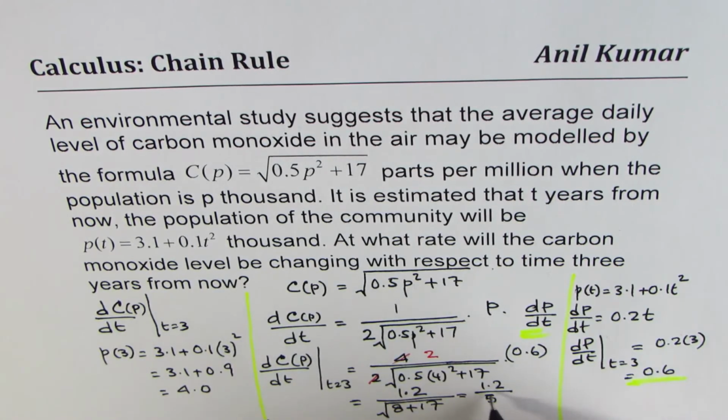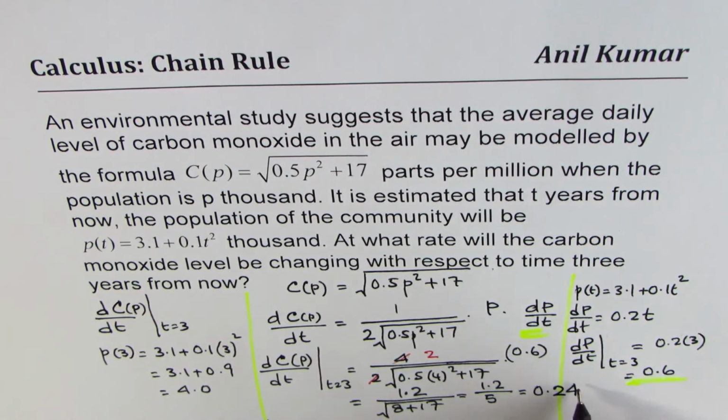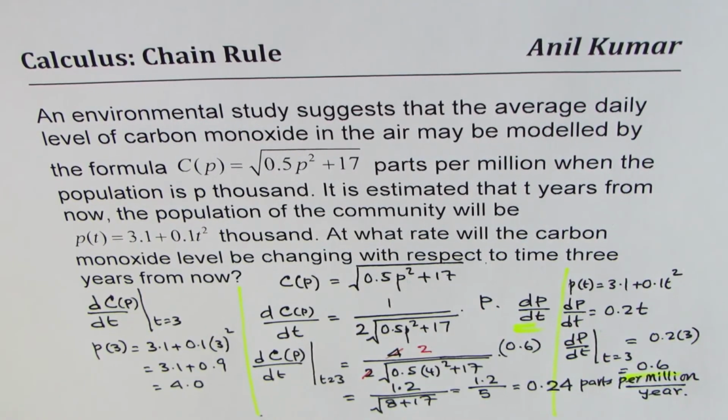So you could always divide this by 5 to get the answer, which is 0.24, and the units will be parts per million per year. So that becomes the solution for the given question.